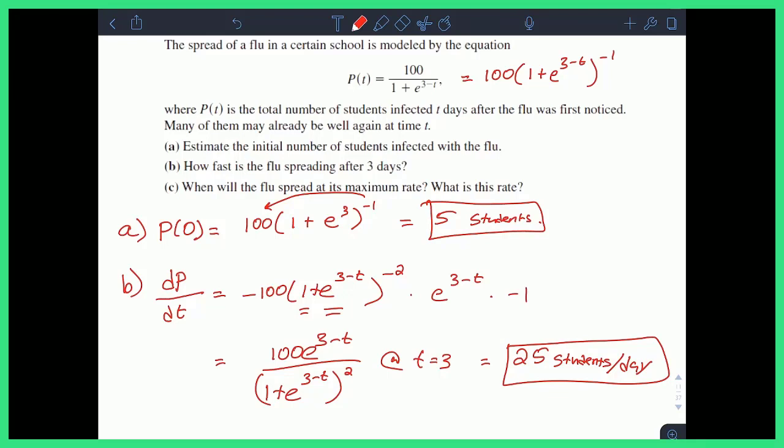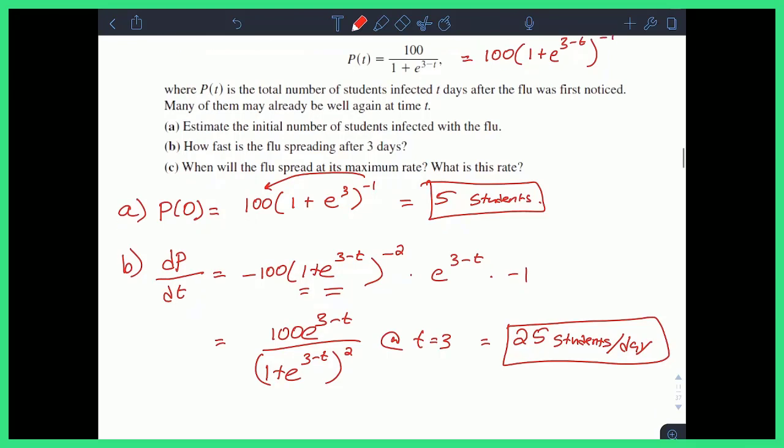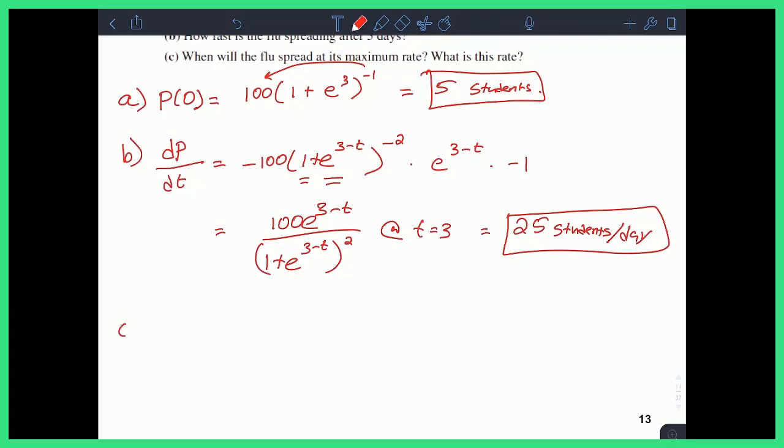Part C, when will the flu spread be at its maximum rate, and what is that rate? Well, in order to answer that question, first of all, you need to find the maximum of the derivative. There are 2 ways to do that. You could plug this function right here into your calculator and find its maximum, or you could plug the derivative of this function into your calculator and then find a 0 of the second derivative.